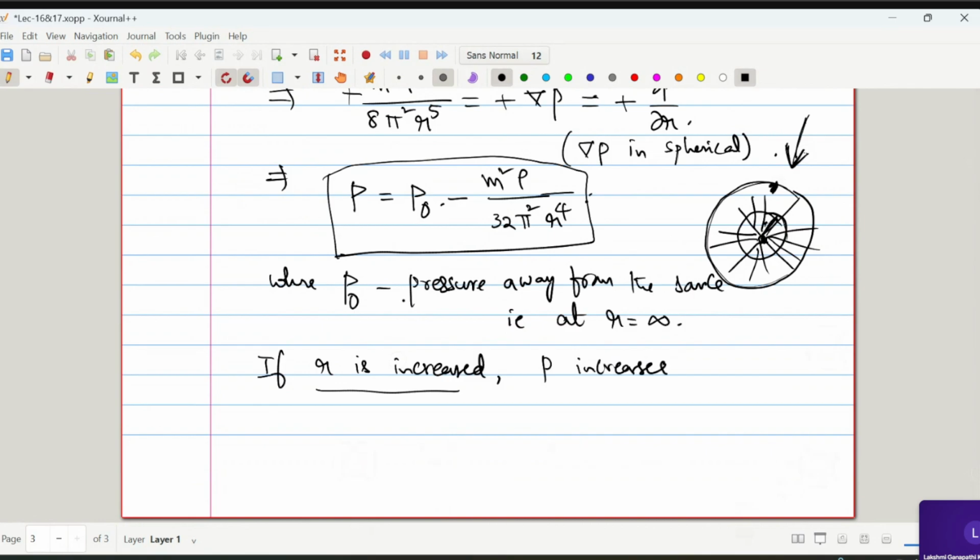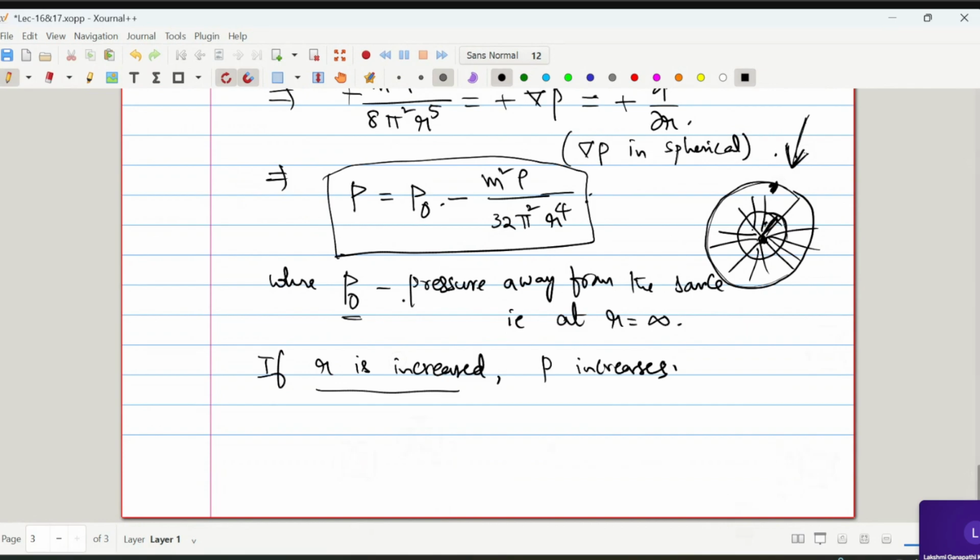What is the meaning of this? See, as you increase R, it is basically P naught minus something, no? You look from infinity. At infinity, the pressure is P naught, right? Now you look inside, from 0, pressure will be infinite, right?